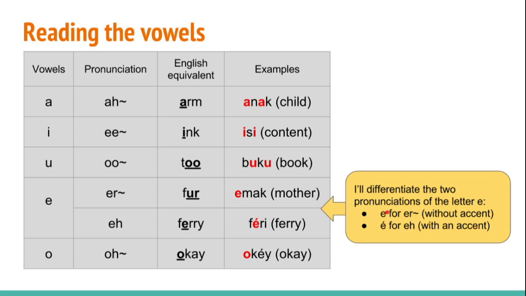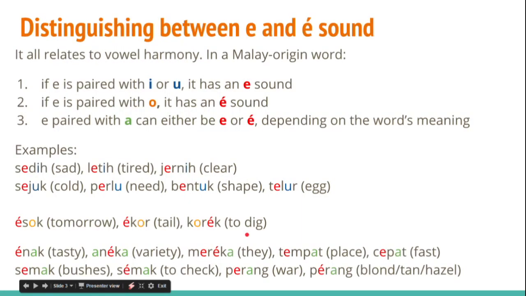So you can see this is without the mark, and this is the letter E with the mark on top. And last but not least, we have the letter O, and this is straightforwardly pronounced as O, as in the English word okay, and an example in Malay is also the word okay.